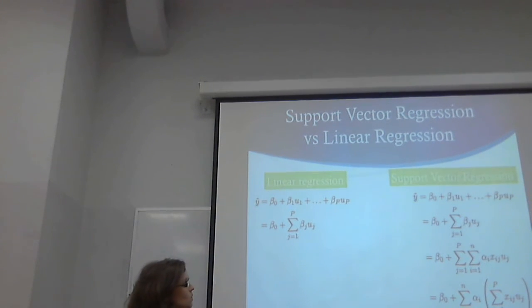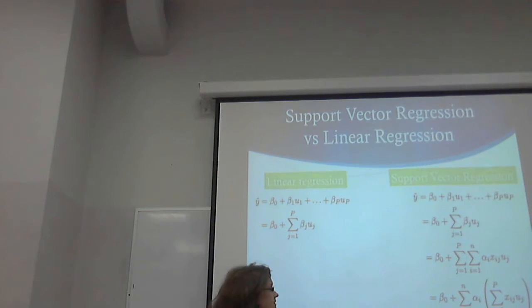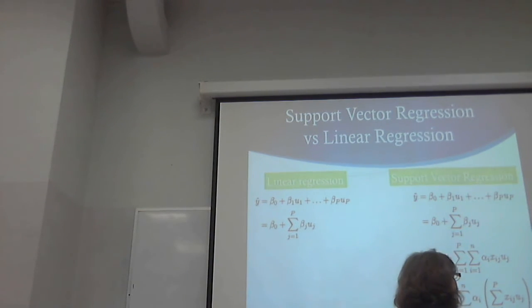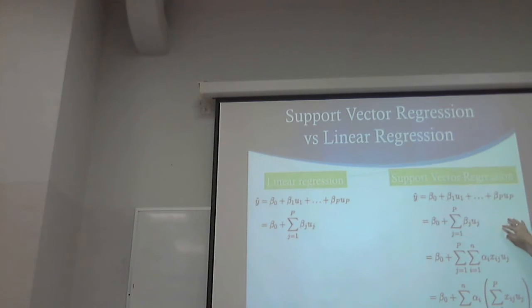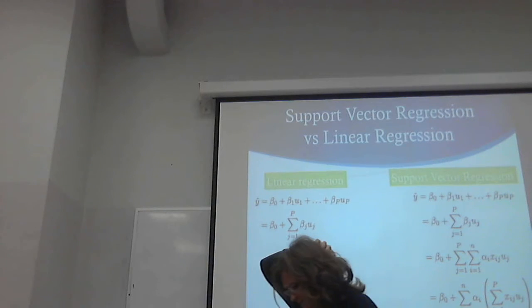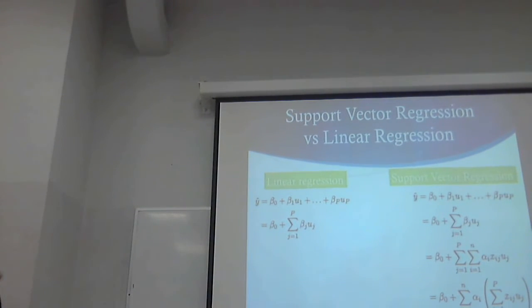Here too, we would like to find coefficients in front of our predictors, but we do it in a very sophisticated way. We do some transformations of the space and rewrite it as a double sum, which is the combination of the support vectors. You don't have to really understand it; you can read it closely in the book.